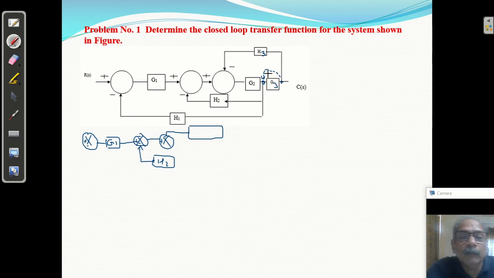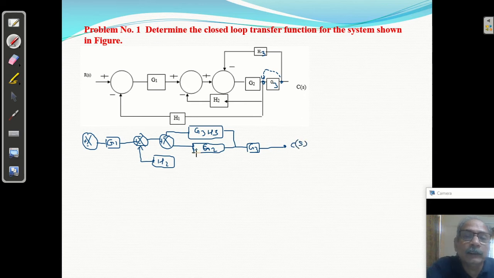So this takeoff point is shifted here, G2, and if you shift this takeoff point here, this will be G3 H3. H3, and this is G3. This is C of S.